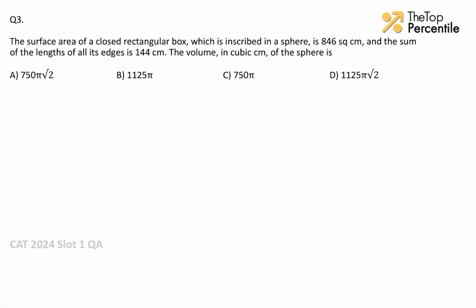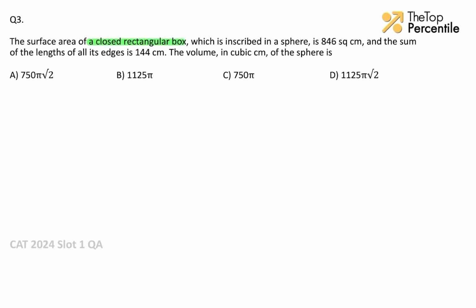Question number 3. The surface area of a closed rectangular box which is inscribed in a sphere is 846 square centimeter, and the sum of the lengths of all its edges is 144 centimeter. The volume of the sphere is what? So a closed rectangular box is nothing but a cuboid.